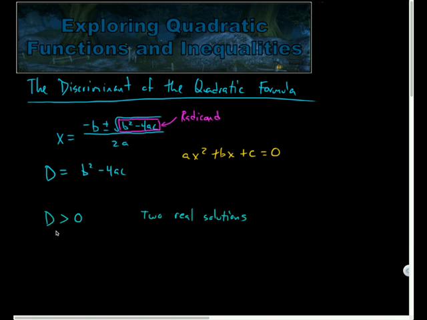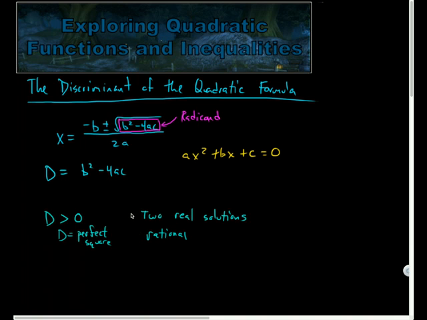Now, if d is positive and is a perfect square, meaning like 9 or 100, right, perfect squares, then I'll have two real solutions that are rational solutions, meaning they will be represented as fractions, because the square root will simplify if it's a perfect square, right? And then I'll have some fraction represented by these situations, right?